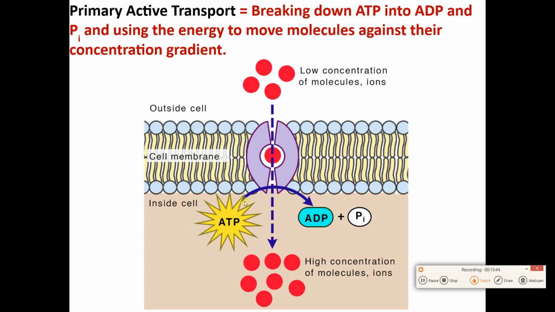So there's ATP. Protein is smashing ATP, using the energy to move this molecule, this red guy, from an area of low to an area of high concentration. And that's going uphill. So if the protein is directly smashing an ATP to move a molecule against its gradient, that is called primary active transport.